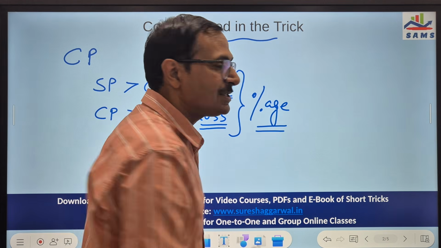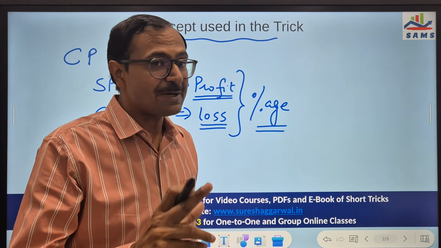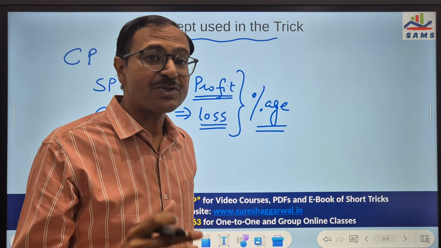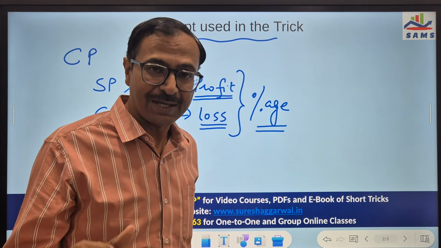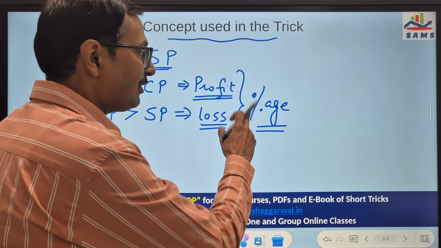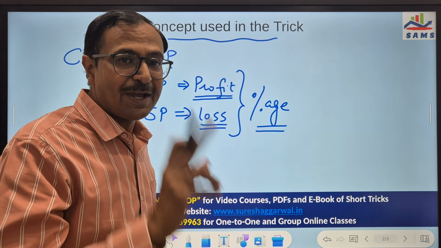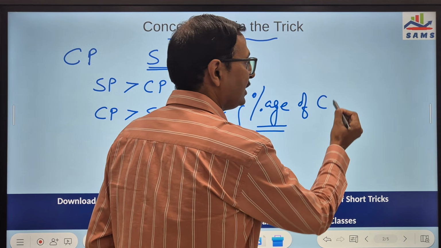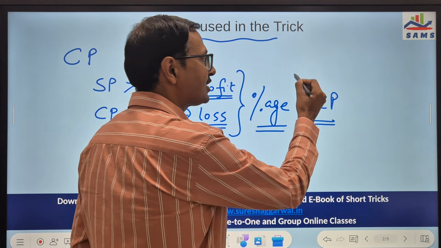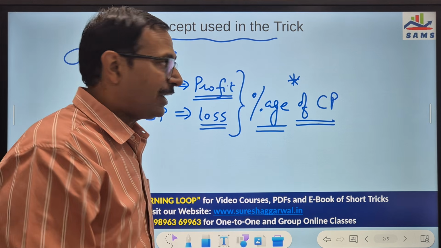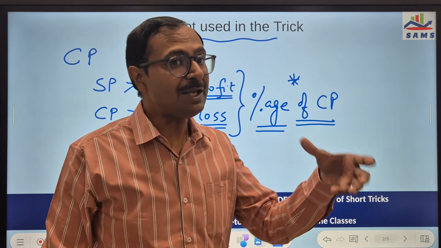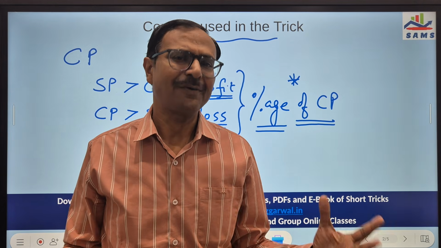And percentage means, when I say 8% profit or 10% loss, percentage is always of some number, of something, right? So whenever we talk about percentage, we have to talk about this much percentage of the cost price. Now this is really important. Whenever we are calculating profit or loss, it is always a percentage of the cost price, right?